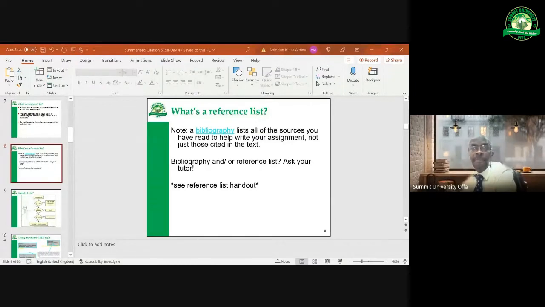And then again, you cannot prepare your reference list using IEEE format and be citing in text using APA format. No, it goes together. Whatever approach you have used in the in-text citation must also be what you use in your reference list. Thank you. Hope I've answered your question.